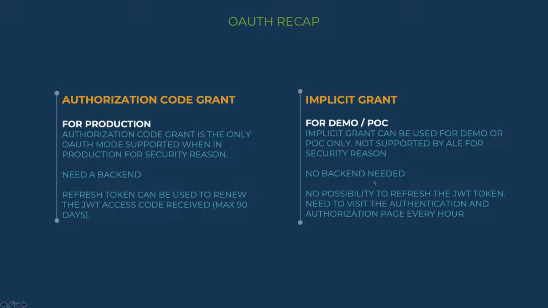No need to use a backend, no need to use an application secret, but as it is less secure, you will have to renew manually and visit the authorization page and the authentication page again every hour. So that's why it's only for demo purposes.